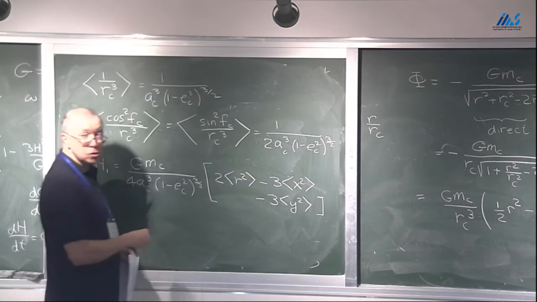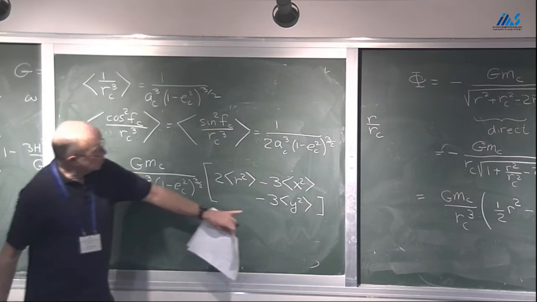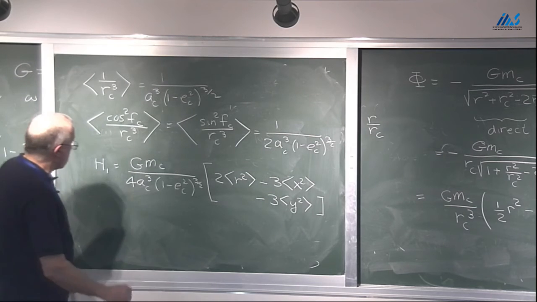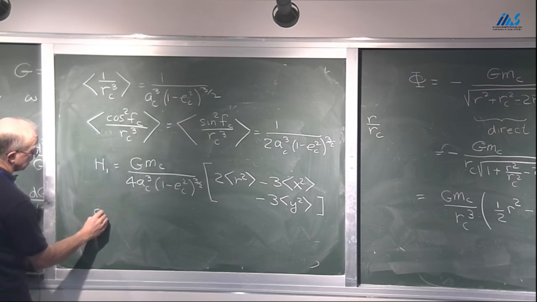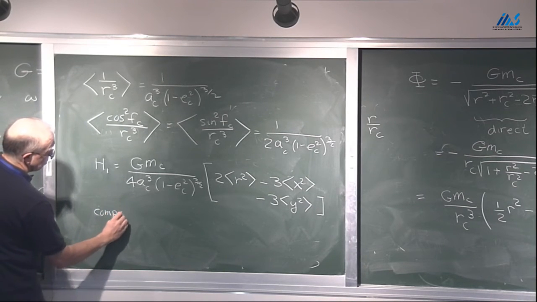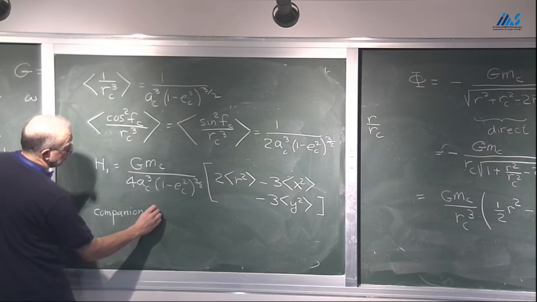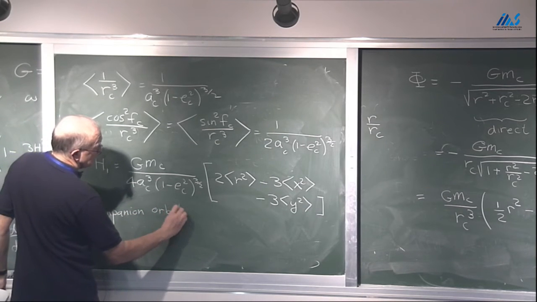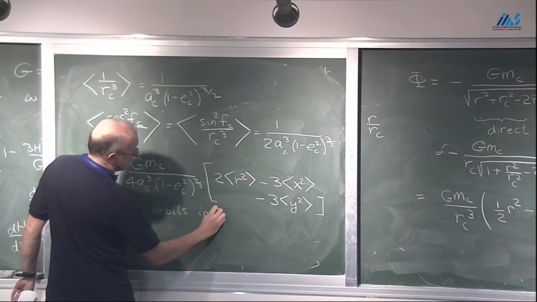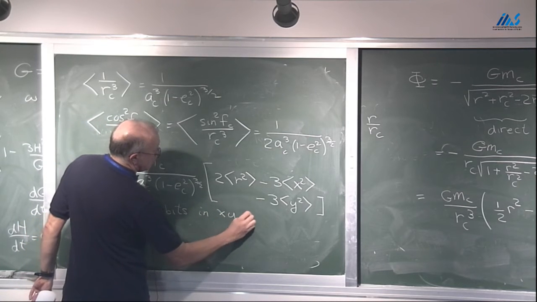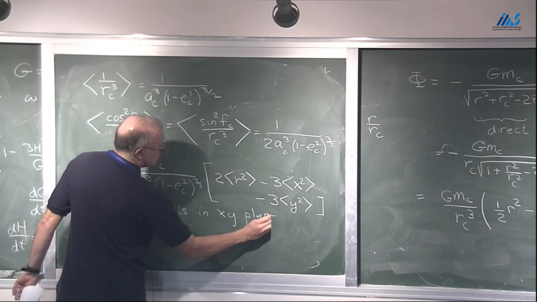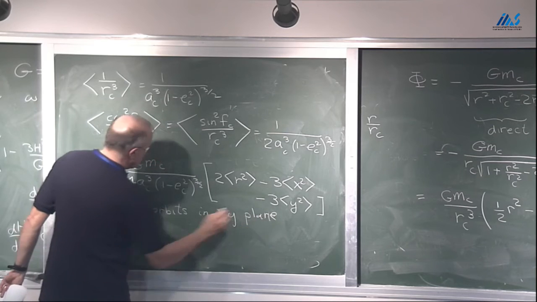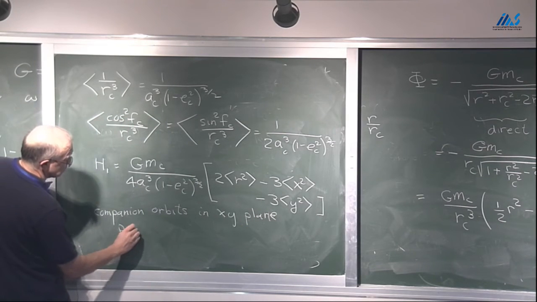These are now averages over the planet, and I've gone to a particular coordinate system in which the companion orbits in the xy plane and its periapsis is along the x direction.